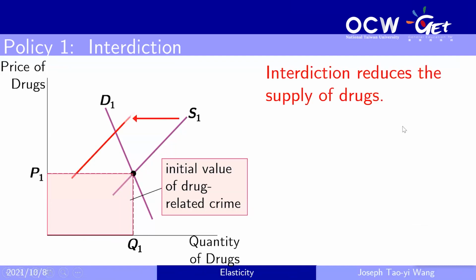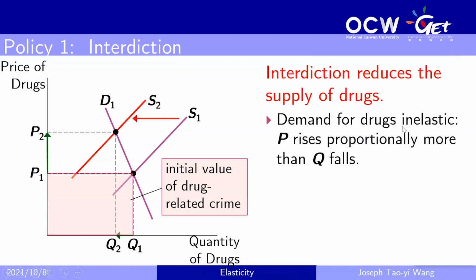Having a lot of agents to crack down on the sellers shifts the supply curve to the left. So you go to this new equilibrium, P2Q2, and the question is, does P2Q2 outweigh P1Q1?